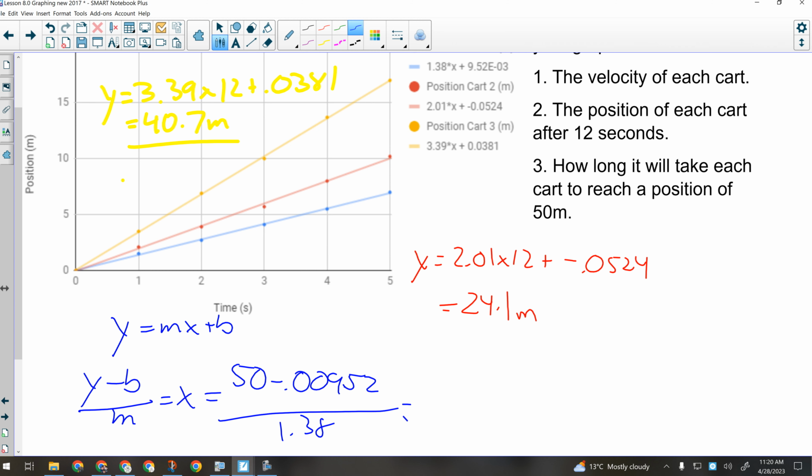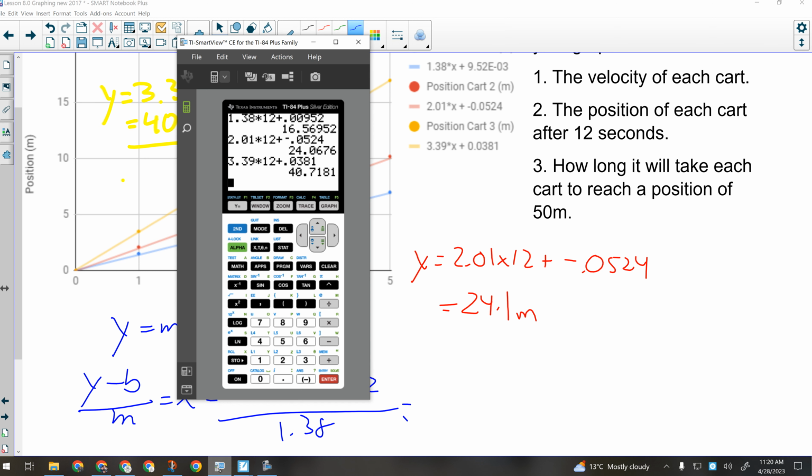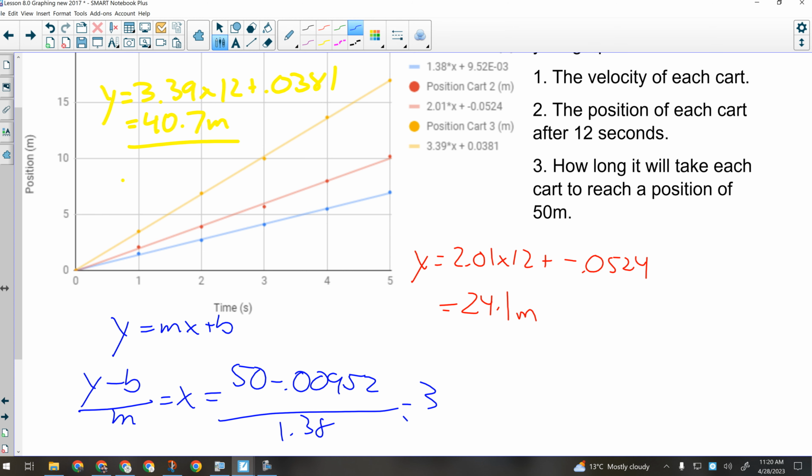Okay, so for the blue car, it's going to take 36.2 seconds. Now, something you have to watch out for with this particular manipulation is order of operations.